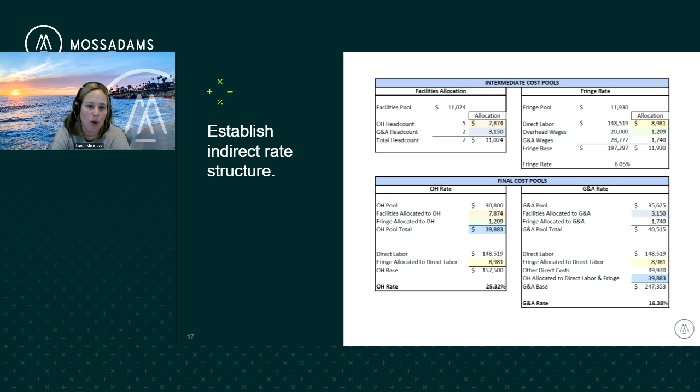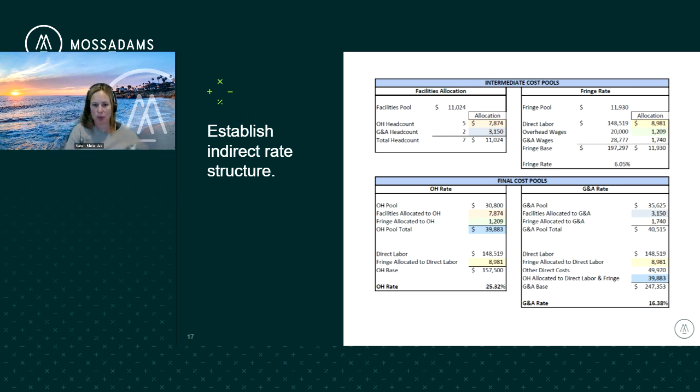At the top, the facilities pool is going to pool together all of the facility type costs. And when you're setting up the indirect rate structure, you want to come up with a base, which is going to be the denominator. That's really indicative of what's driving those costs. What's the causal beneficial relationship?